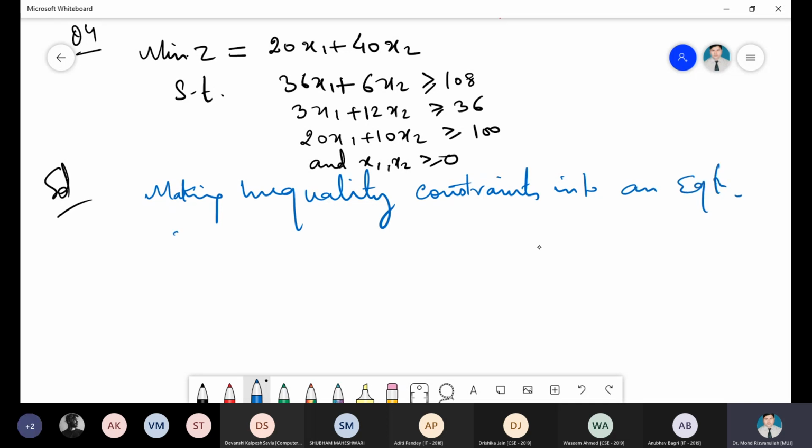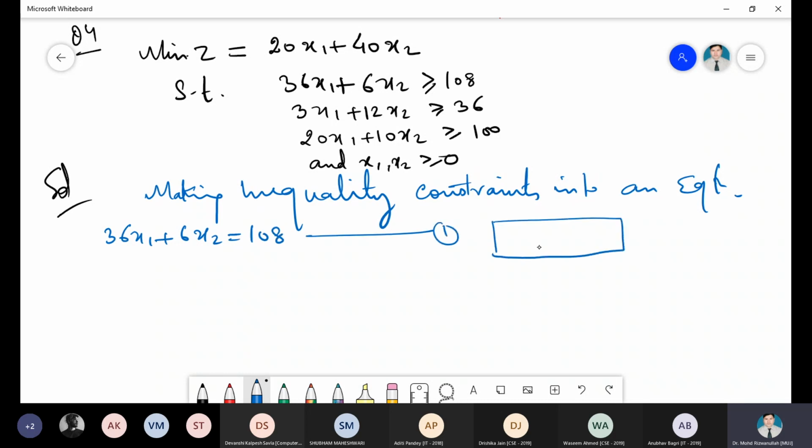So this is 36x1 plus 6x2 equal to 108. This is equation number 1. And what is its value here? You can write this equation. This is x1, this is x2. So x1 is 0, x2 is 0. So what is the value of x2 here?